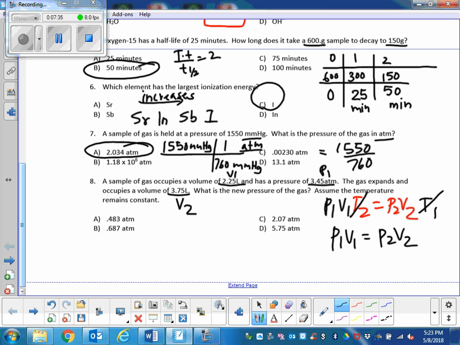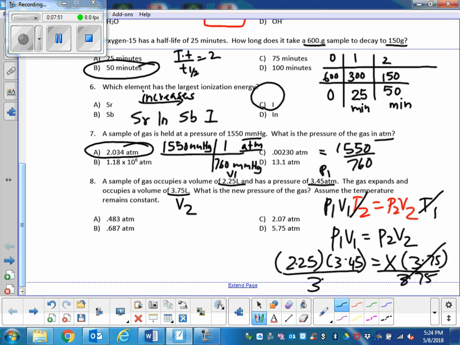Now substitute in the equation 2.25 times 3.45 equals, your volume is 3.75, and you're solving for P2, which is your X. You'll divide both sides by 3.75, and if you substitute it into your calculator, you'll get 2.07 atmospheres.